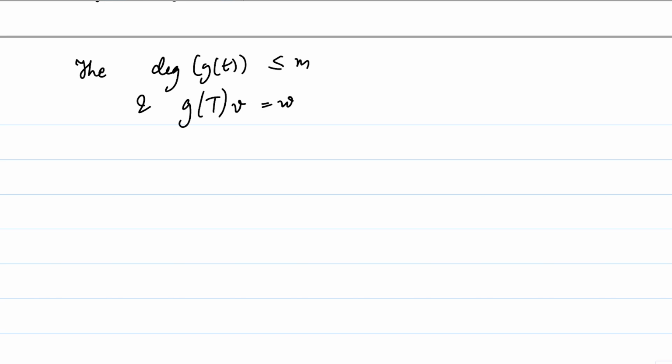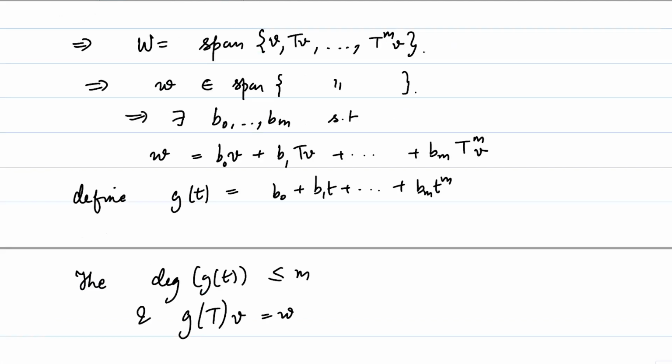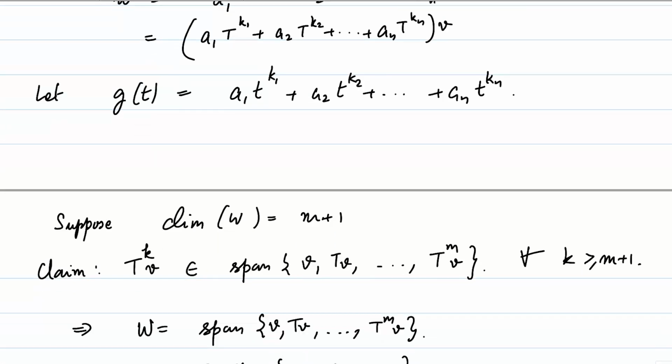Then clearly G of t has degree less than or equal to m, and G of T V is equal to W. So if W is finite dimensional, we can even pick G to satisfy some nice properties.